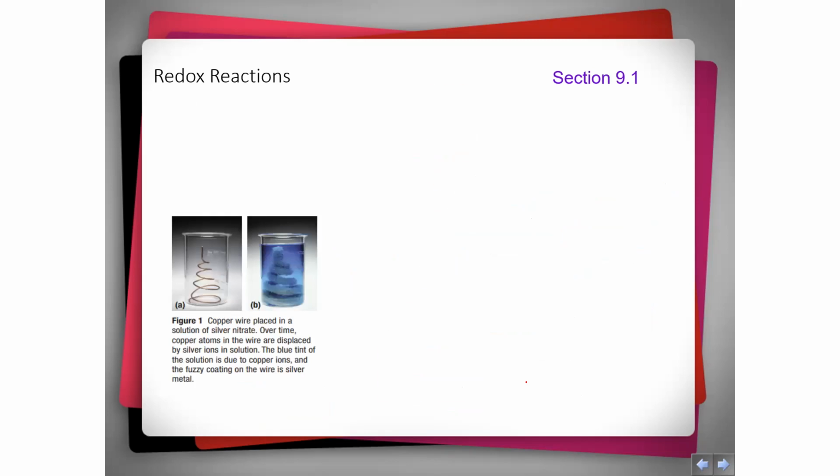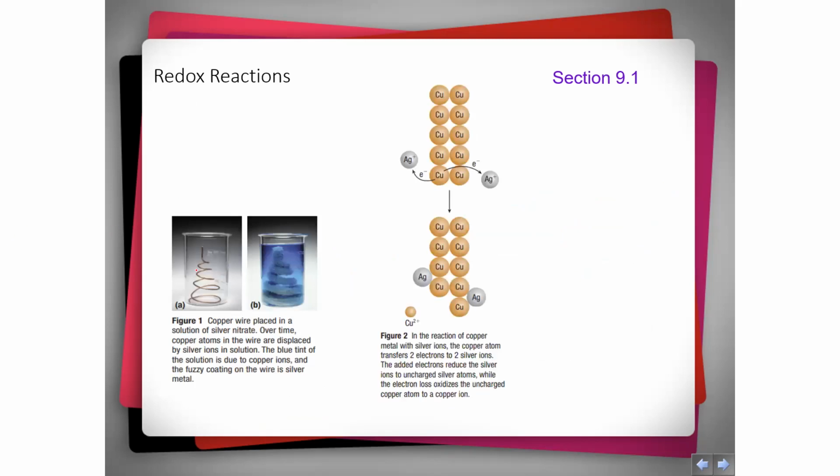Now, just so we see what's actually happening, this is a piece of copper metal that would be in this solution. And of course, there's a solution all around it. And that solution has these silver ions dissolved in it. Copper is going to lose 1 electron to the silver, and it's going to turn copper into a positive ion.